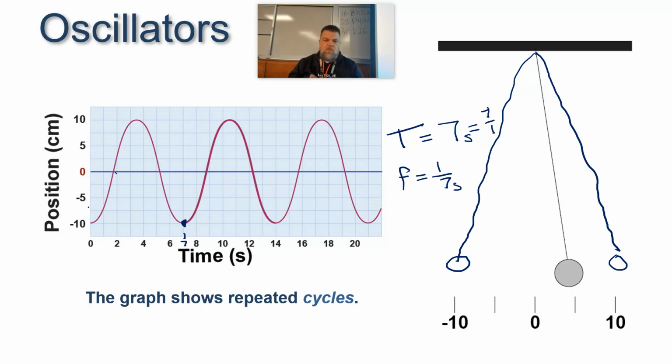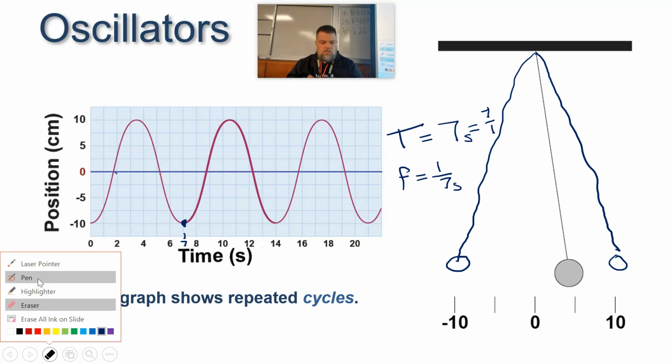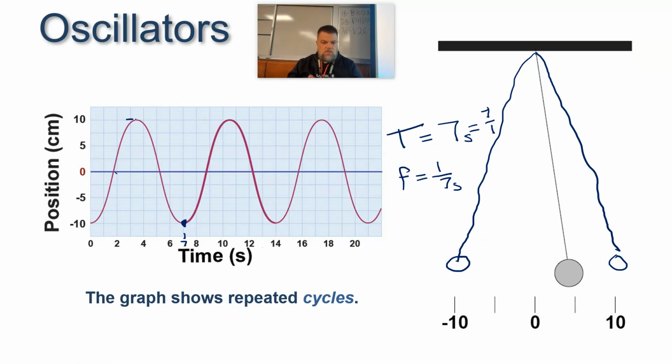Now, the other thing I want to point out is the amplitude. One of the terms that we talked about earlier was amplitude. The amplitude is how high it goes up and how low it comes down. So here I'm moving 10 units.